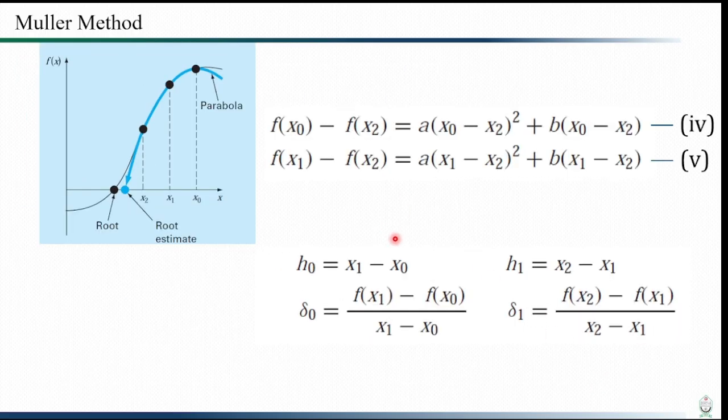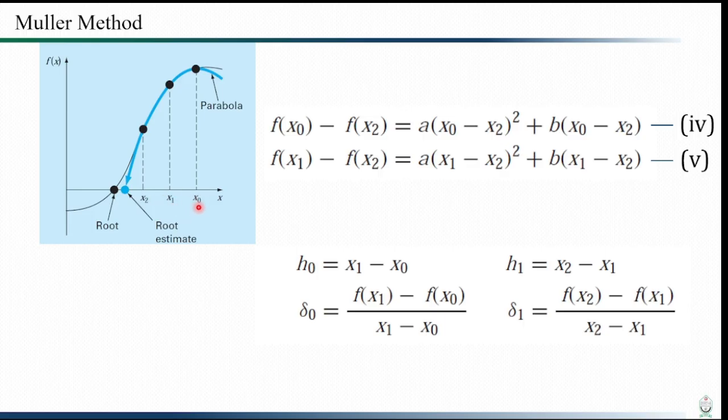To make things easier, we will assume four known quantities here. These four known quantities will be h0, h1, delta 0, delta 1. Why will these quantities be known? Because we will start with x0, x1, and x2. These 3 points are known to us.